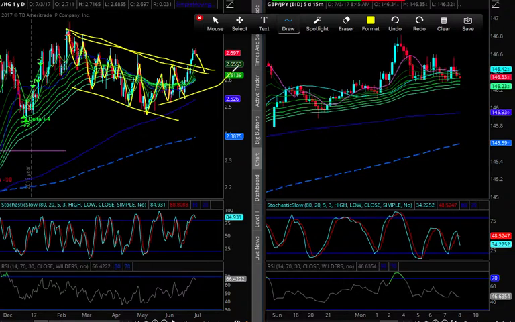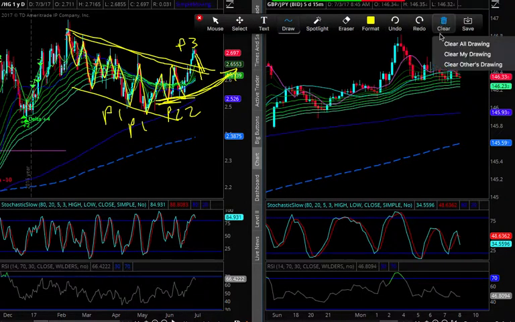So this next pullback on copper is actually viable, guys, back here towards this 30. As this turns back up, you're getting higher lows here. These are phase 1 lower lows. These are phase 2 higher lows, and now you just had phase 3. Does everybody see that? That's pretty interesting on the copper market.